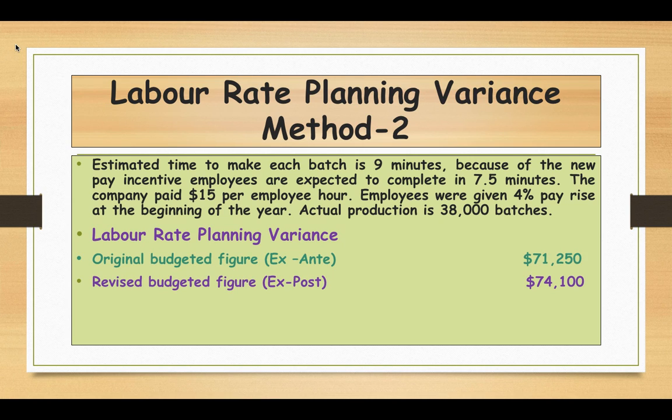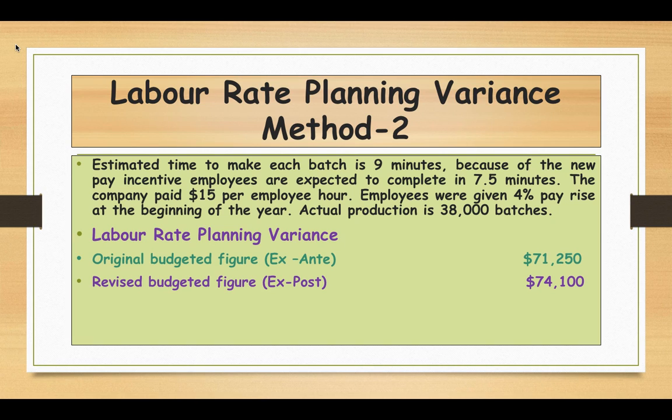But the revised budgeted figure, which is our ex post figure, 38,000 batches, 7.5 minutes divided by 60, times it by 15, that's our original rate, but we need to include the 4% pay rise, which is times it by 1.04, you will get $74,100.